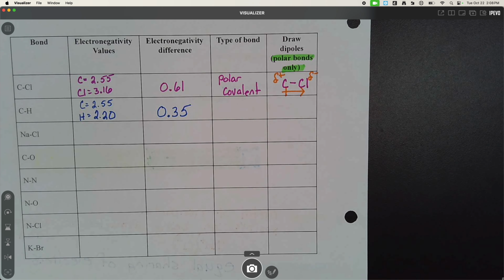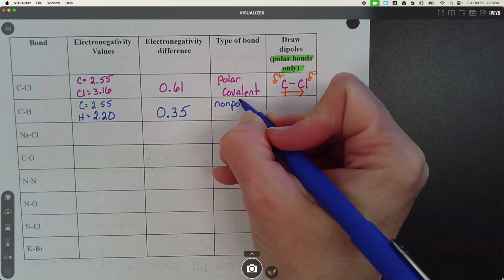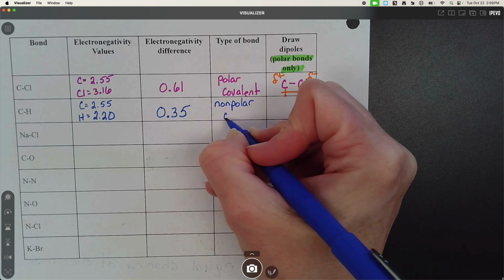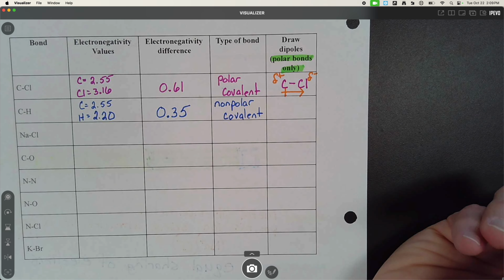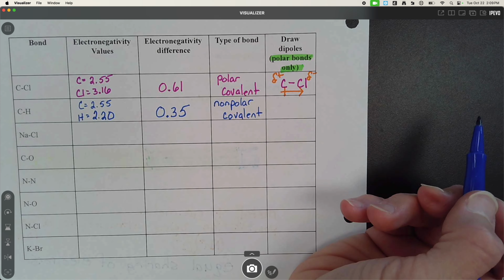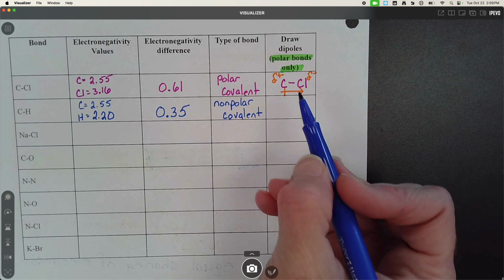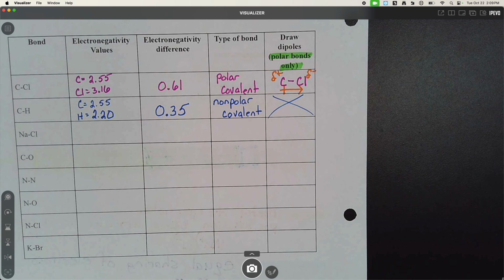That doesn't cross our threshold value of 0.39. So this is nonpolar covalent. And because the electrons aren't shared unequally, we don't develop any dipoles. We don't have to do anything there at all. This bond doesn't have a positive end and a negative end because the electronegativities of the elements involved are too similar.